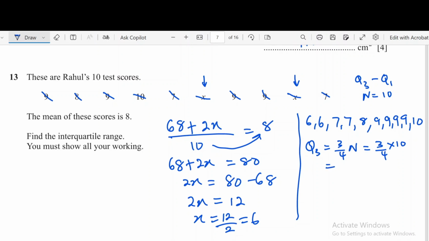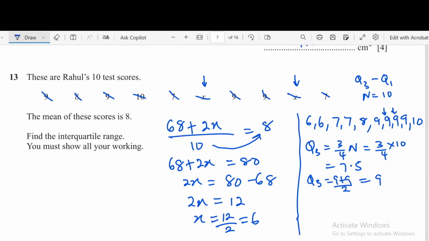Of course, 30 over 4 is 15 over 2, which is 7.5. That's the position, the 7.5 position. 1, 2, 3, 4, 5, 6, 7. That would be the 7th and the 8th position, that's 9 plus 9 over 2. So Q3 is 9 plus 9 over 2, and that will give us 9.